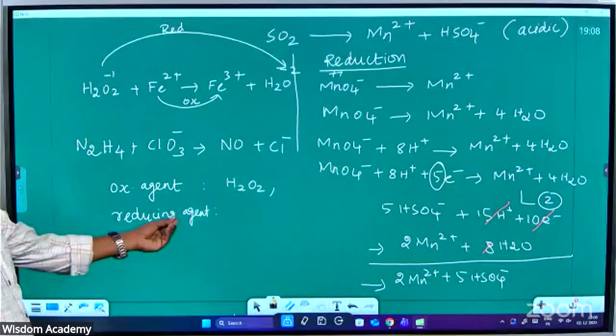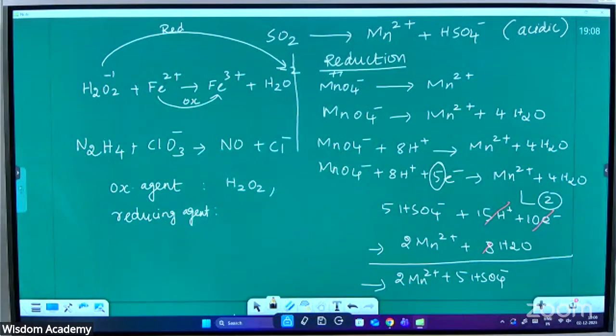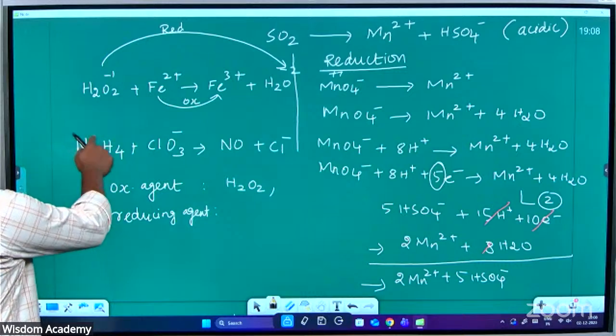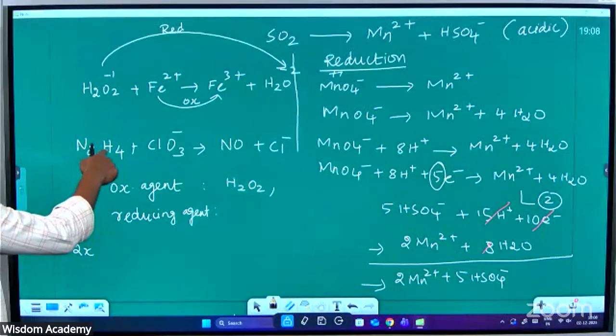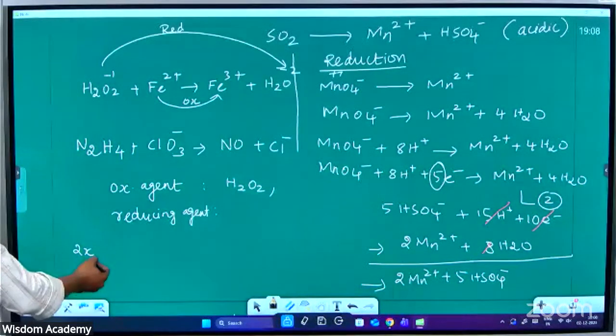So next one. In the equation, what is the oxidation number of nitrogen in N2H4? Minus 2. What is the hydrogen oxidation number? Plus 1.